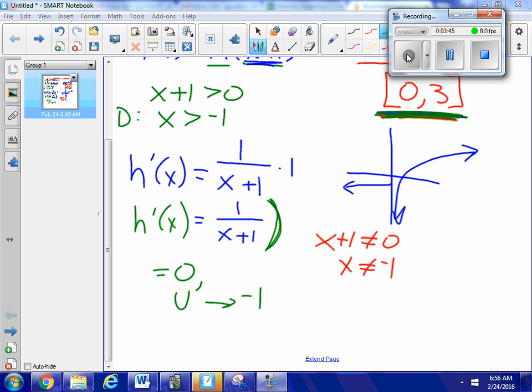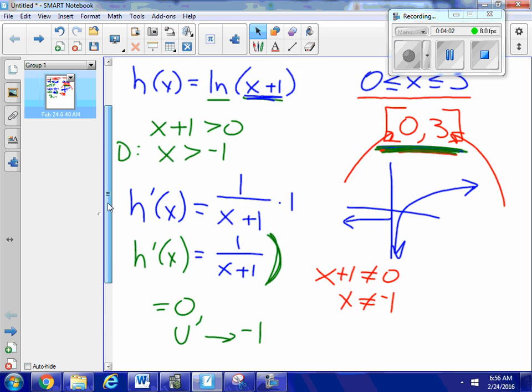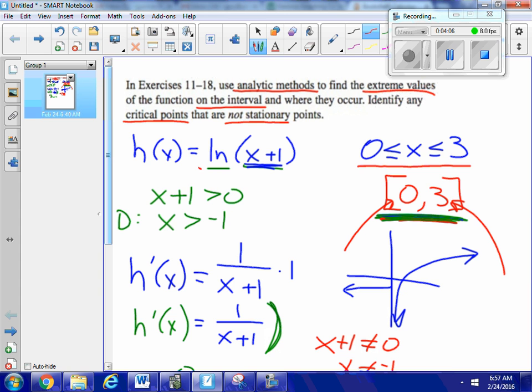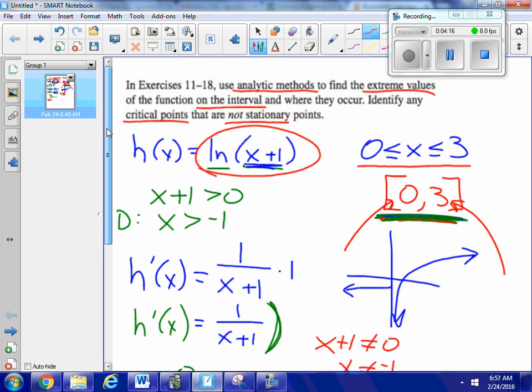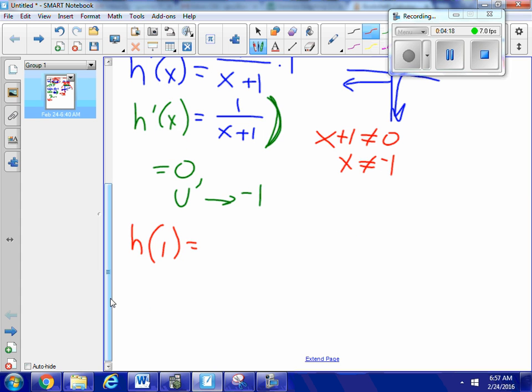So next thing we'll look at is what are the end points of this function. Well, I've been given the end points. One endpoint is 0, and another endpoint is 3. So I need to know, well, what are the values of this function at those endpoints? So I'm looking at the function now, the values of the function right here. So I want to know h of 1, and that would be the natural logarithm of 1 plus 1.